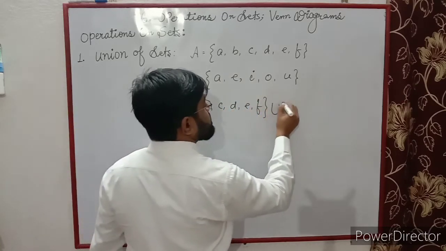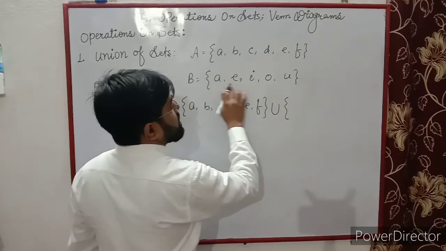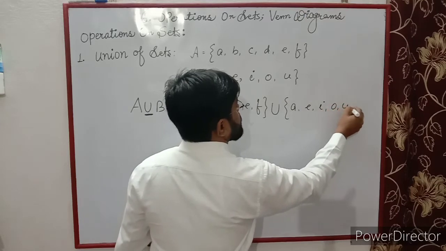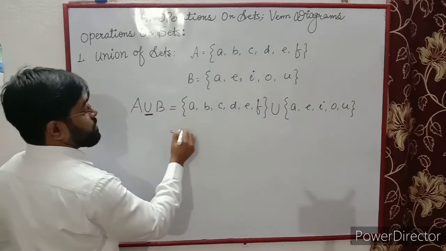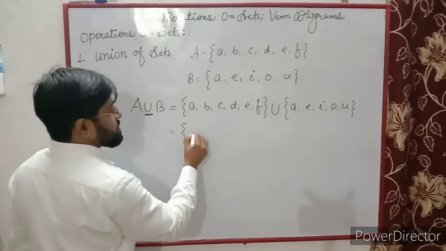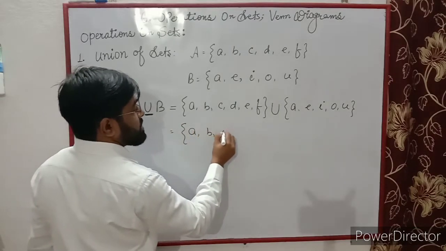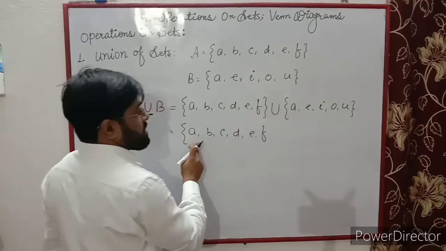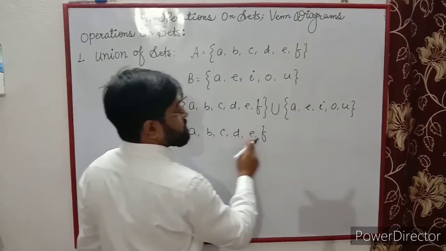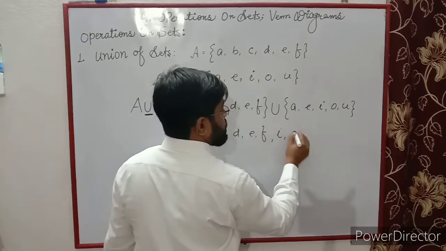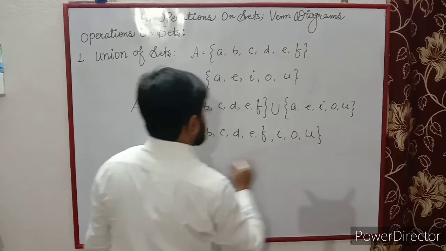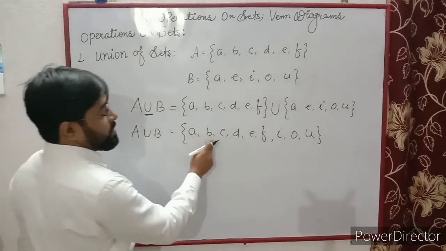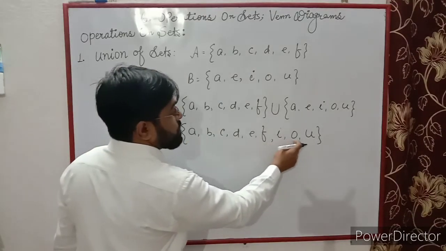Now write the elements of set B: a, e, i, o, u. a is already written, e is already written, so i, o, u. So A union B is equal to a, b, c, d, e, f, i, o, u.